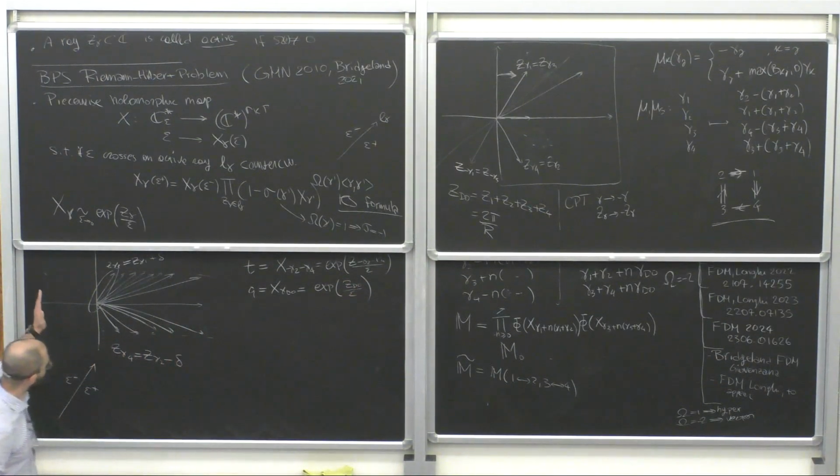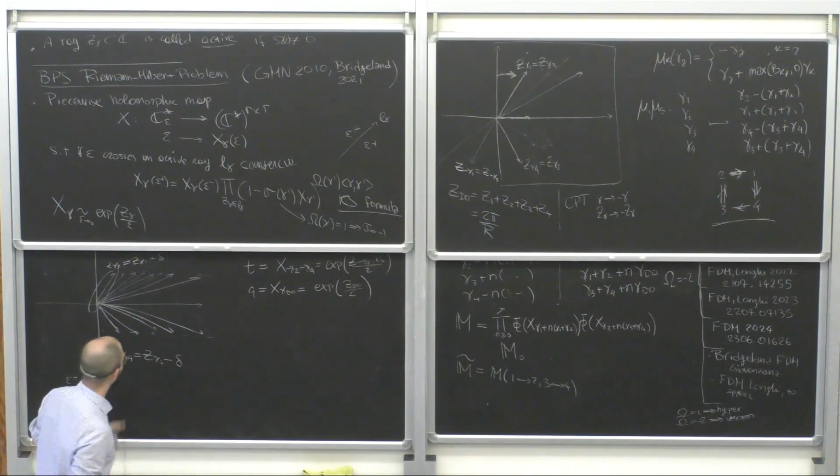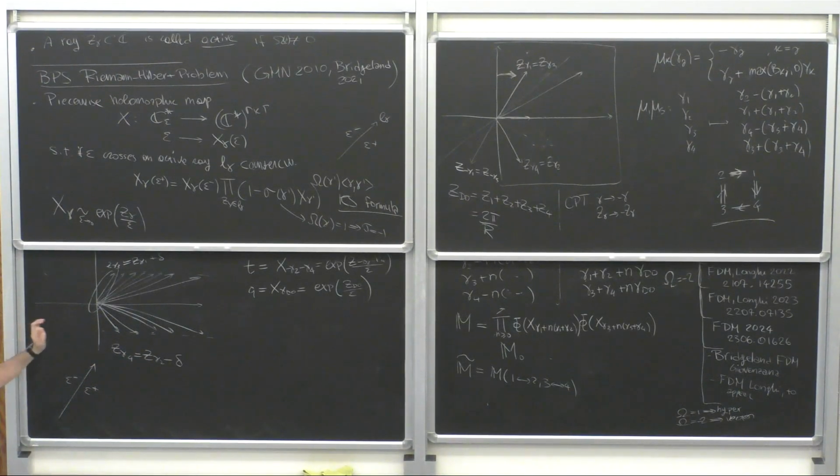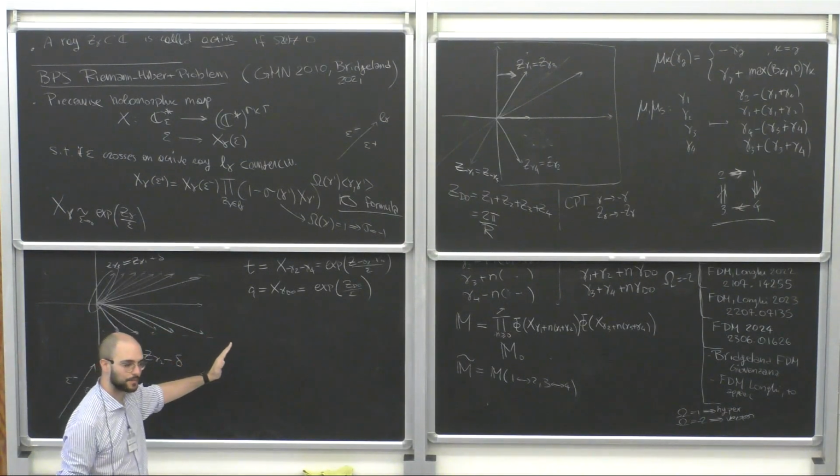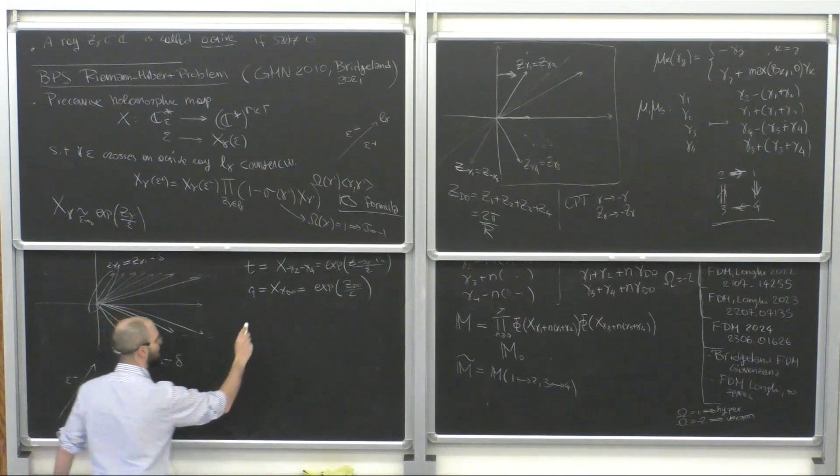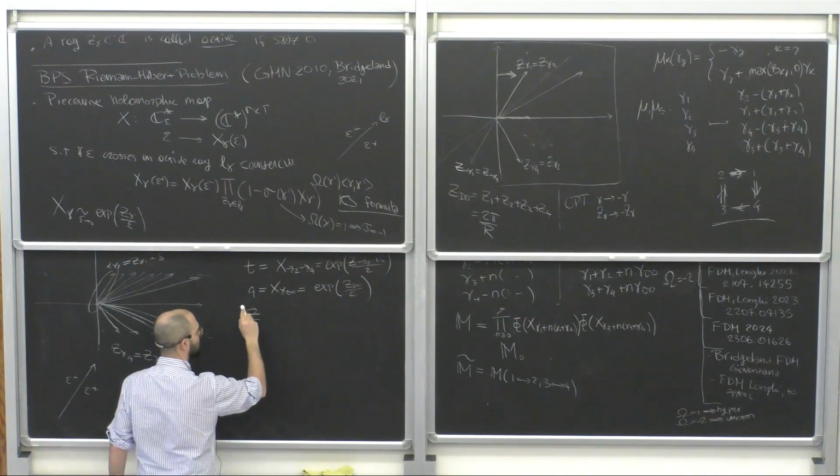And the same thing will be true for the D0 brane, which I'm gonna call Q. Normally I would induce this jump by changing epsilon, but I don't want to do that. Remember, these central charges are part of my data, so instead I'm gonna vary them continuously.